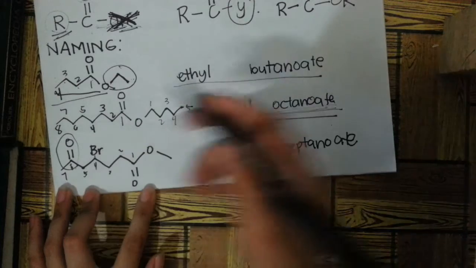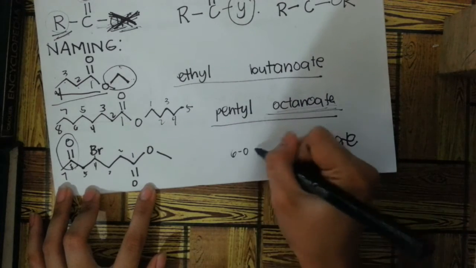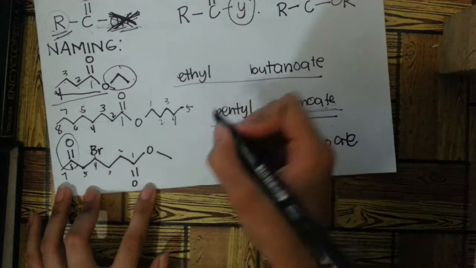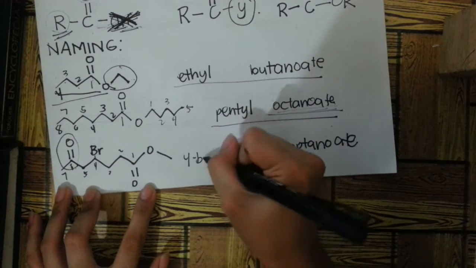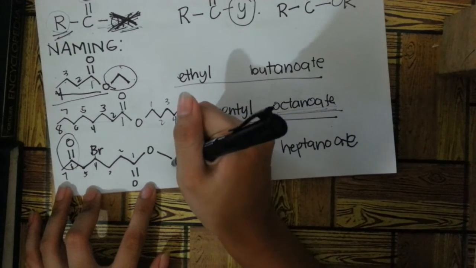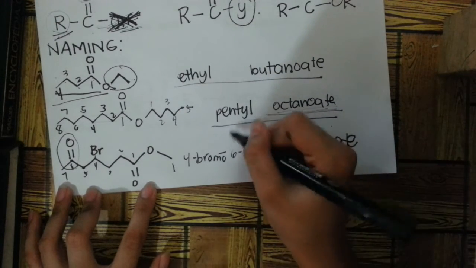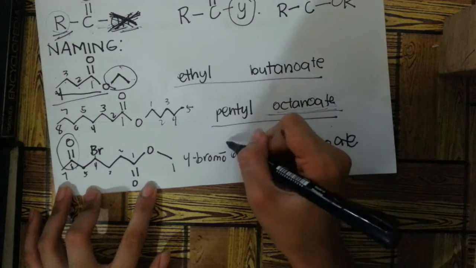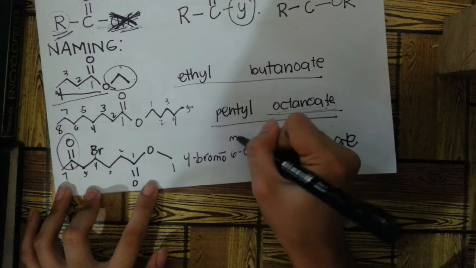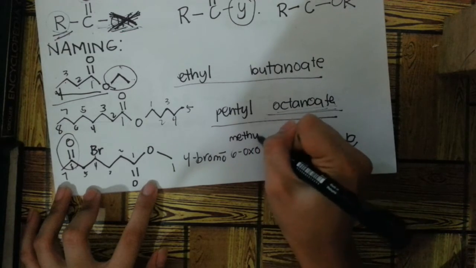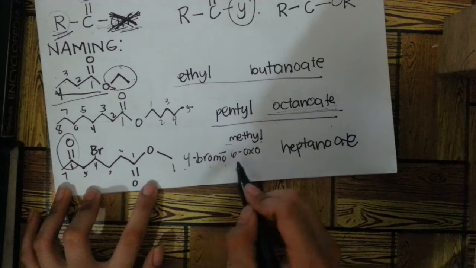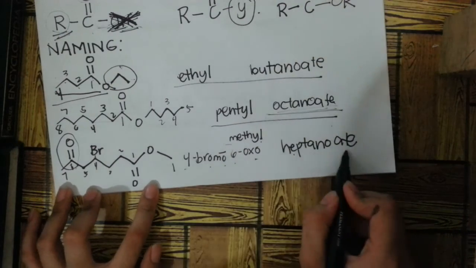At 6, we have 6-oxo. Then we write bromo, 4-bromo. And since there is a hanging group, methyl, and we give more importance to the alkane group, to the family group, we name that as methyl 4-bromo-6-oxoheptanoate.